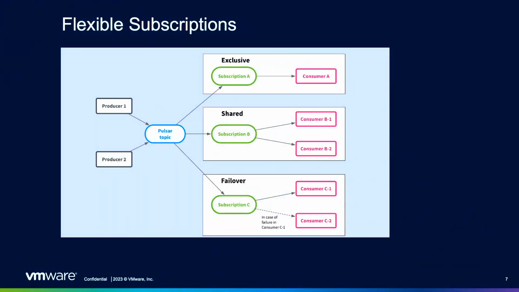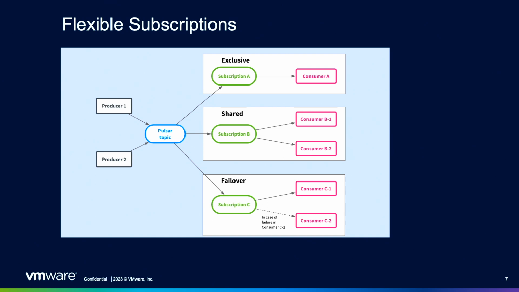And then you have flexible subscriptions. I mentioned that Pulsar allows you to have both queues and streams. On the right-hand side, what you're seeing are the different modes of consuming data. The exclusive subscription basically means that there can only be one subscriber under a particular subscription, which, if you want to compare to Kafka, is like the anonymous consumer group.